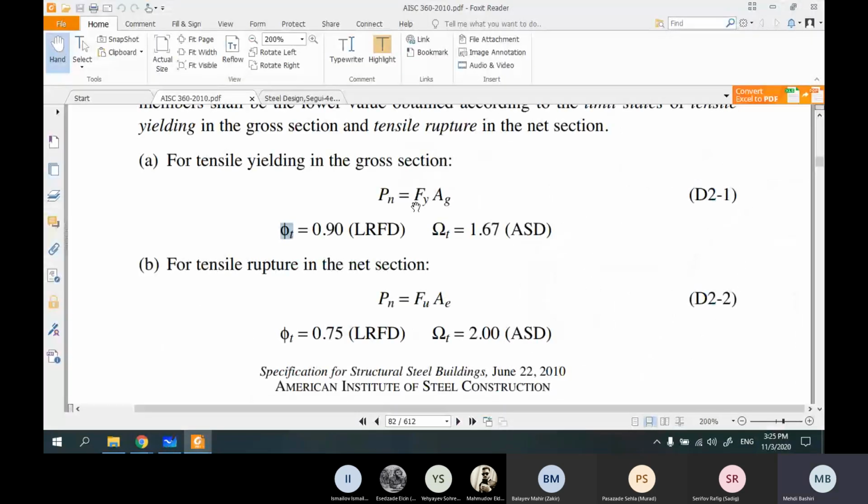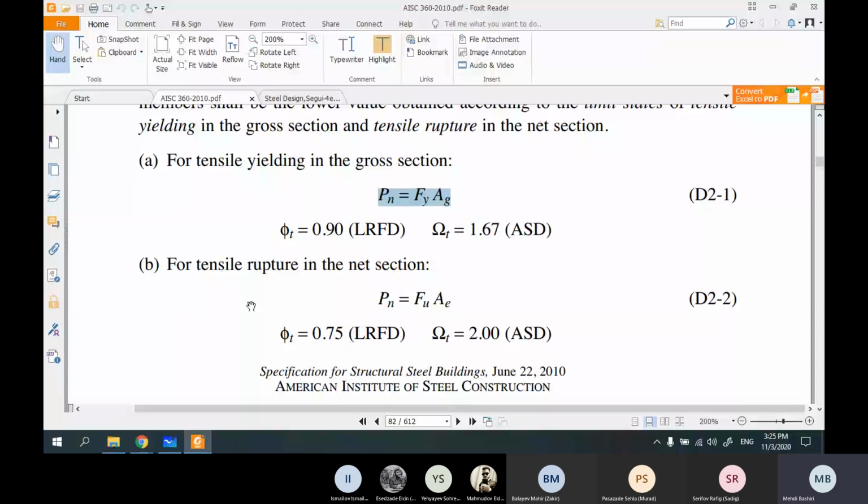Anyway, this equation here gives you the capacity. And the loads in this course, the demand in many cases will be given, because you already know how to find the demand from structural analysis.